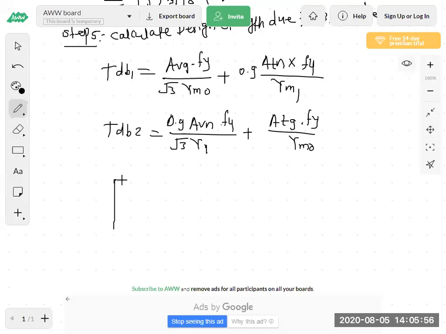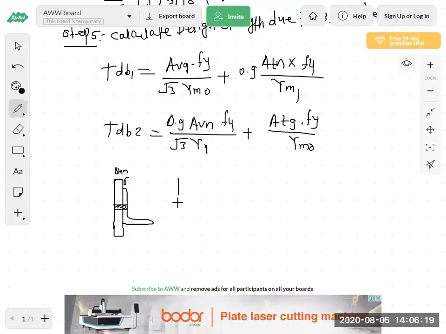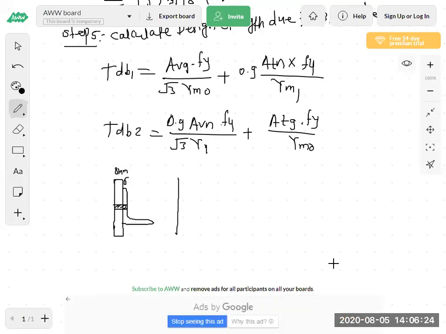So here I will draw the first sketch. The gusset plate having 8 mm thickness, the angle having 6 mm thickness. Here we have provided the bolts in one row. Here we have to see how the failure happens due to block shear. That I am trying to draw in the sketch.